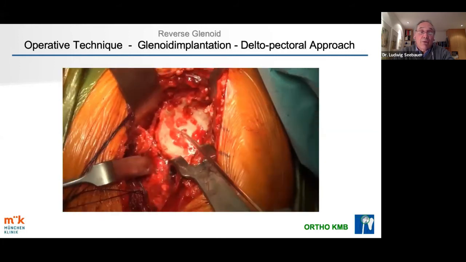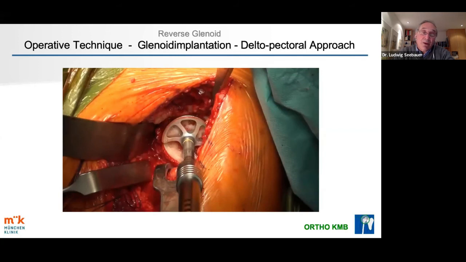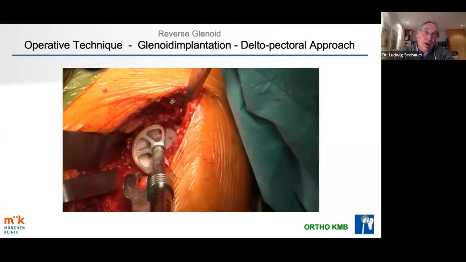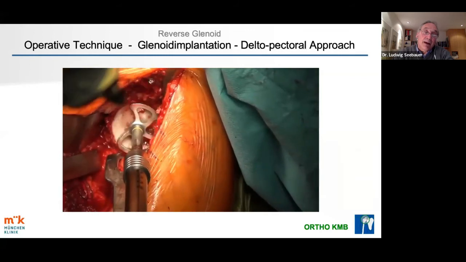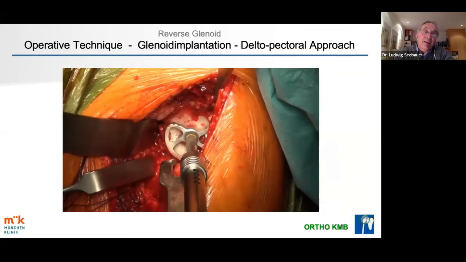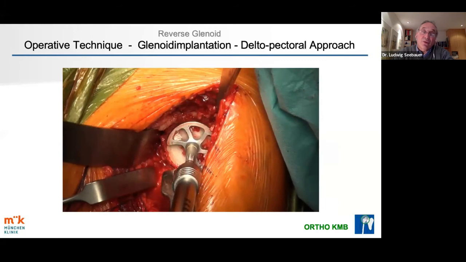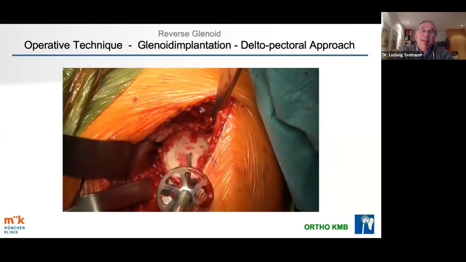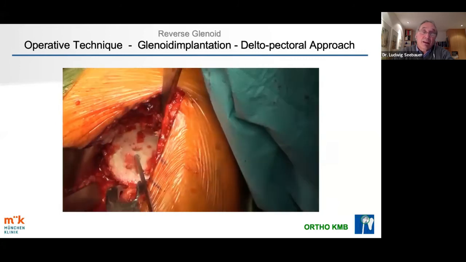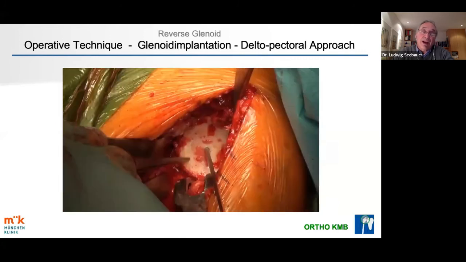And when I do my reaming, you see, I don't ream superiorly, I only ream inferiorly and anteriorly, because the erosion of the bone stock is superior posterior. And that is not a very significant medial eroded situation, as you have seen in the initial X-ray.